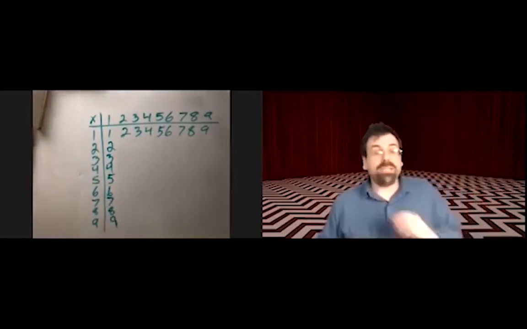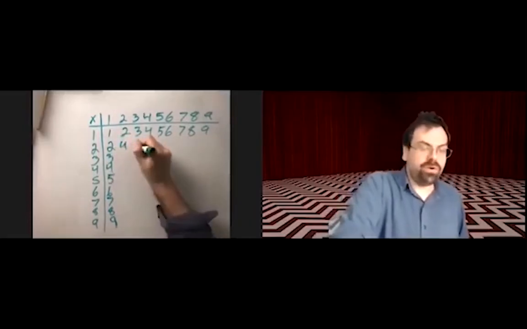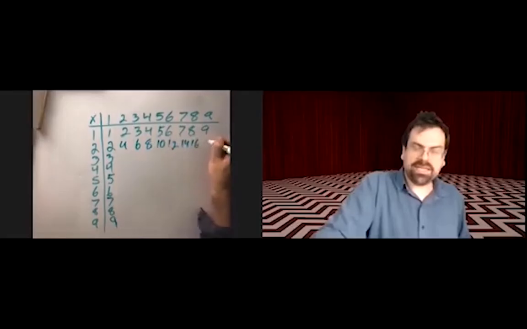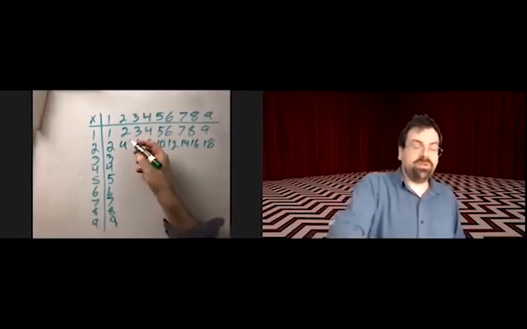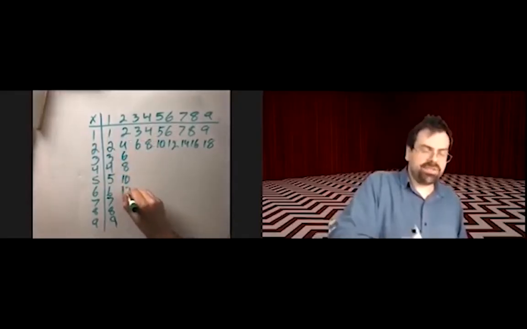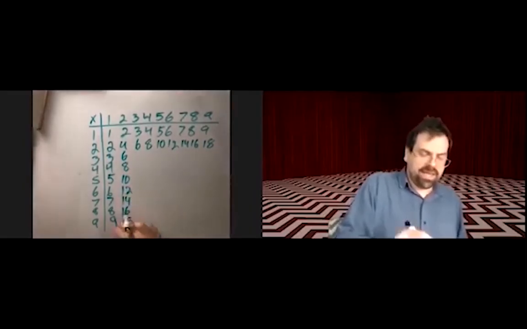Now let's skip count by twos. 2, 4, 6, 8, 10, 12, 14, 16, 18. Just adding 2 every time. 2 plus 2 is 4, plus 2 is 6, plus 2 is 8, plus 2 is 10, plus 2 is 12, 14, 16, 18.